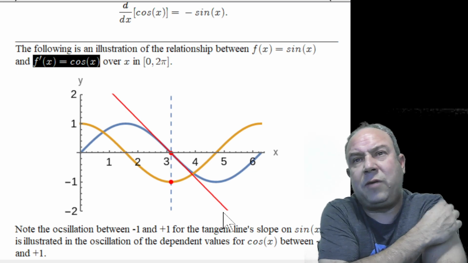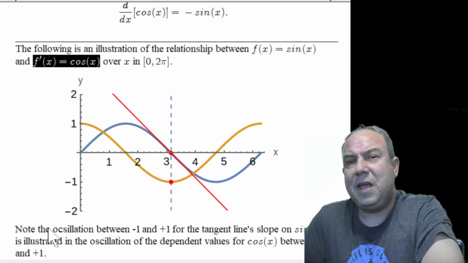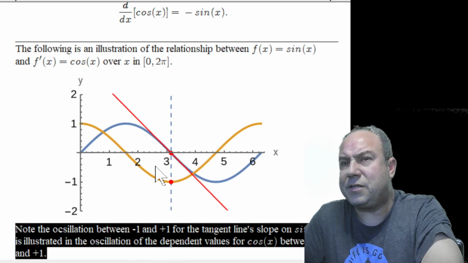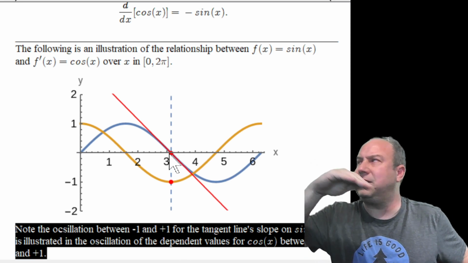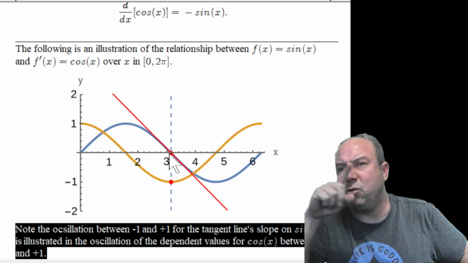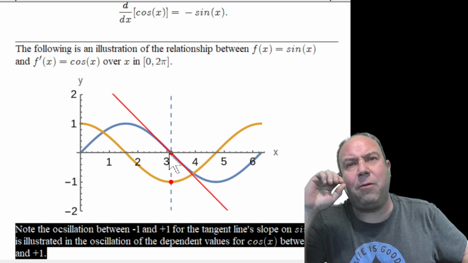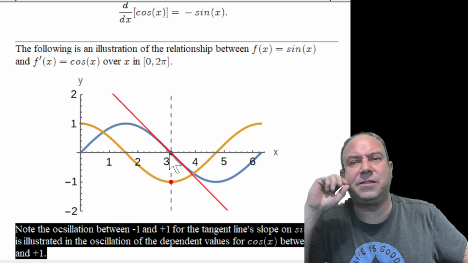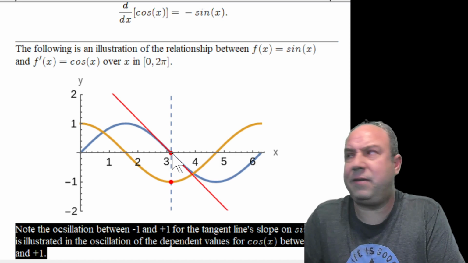It drops 1 when it runs to the right 1 unit. And notice that the slope of the line tangent to the blue graph is going to oscillate between positive and negative 1 as we move across the graph of the sine function. Its slope will be described by the oscillation seen in the cosine wave.